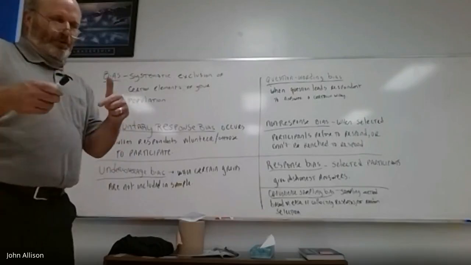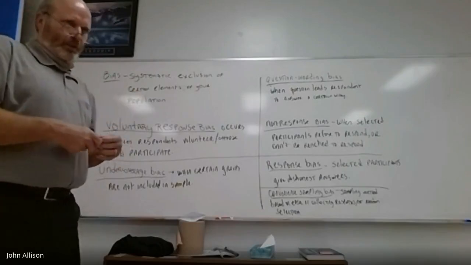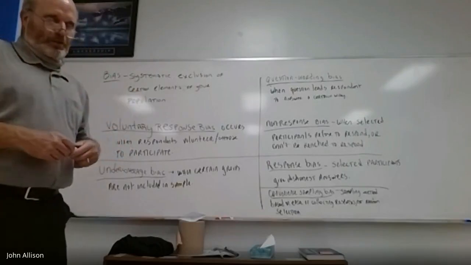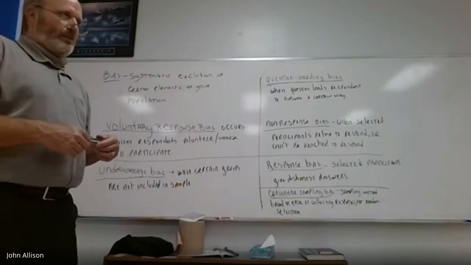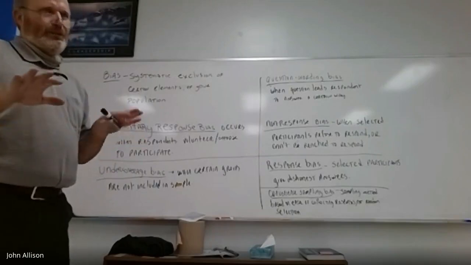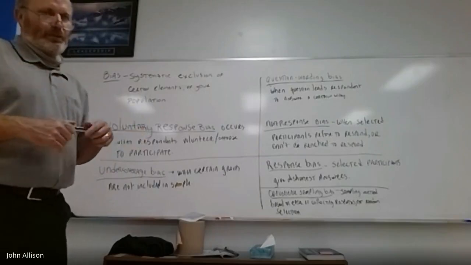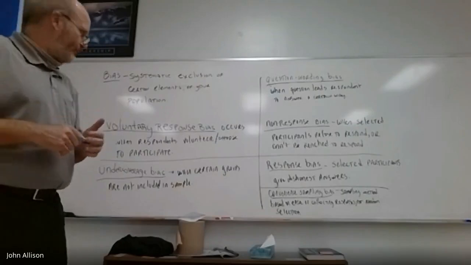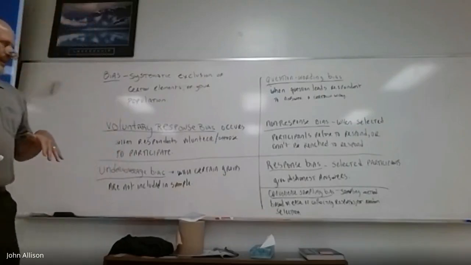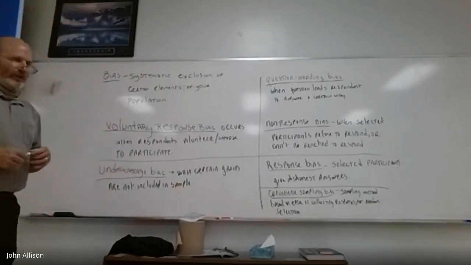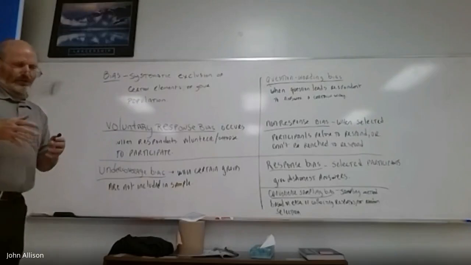And the people who chose to respond would have very strong opinions about the restaurants. But what you may not get is the people who have a favorite, but it's not something they're so passionate about. Voluntary response ends up getting people's opinions who are very polarized on one side of an issue or another.